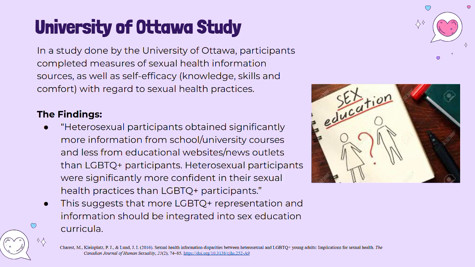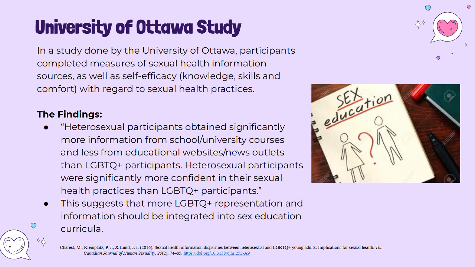So this is the University of Ottawa study. In a study done by the University of Ottawa, participants completed measures of sexual health information sources, as well as self-efficacy, which is basically the knowledge, skills, and comfort with regards to sexual health practices.